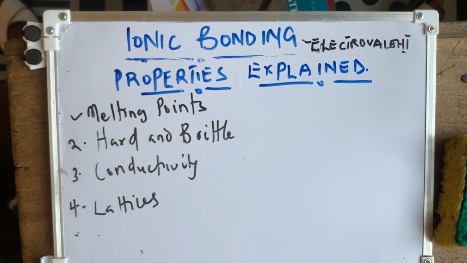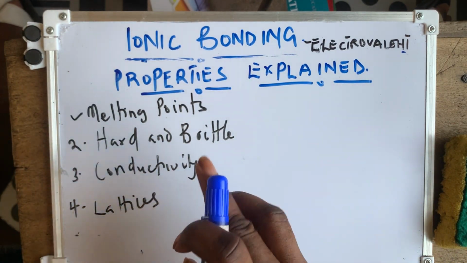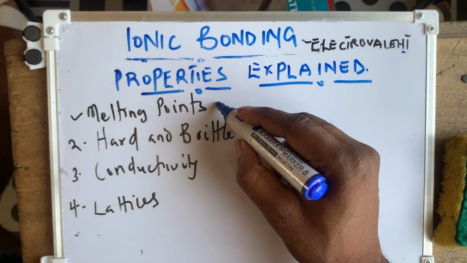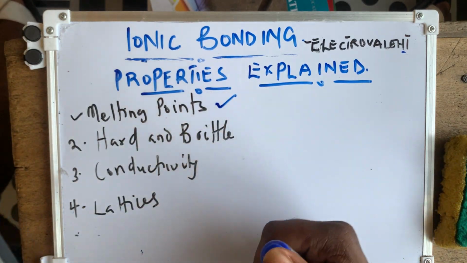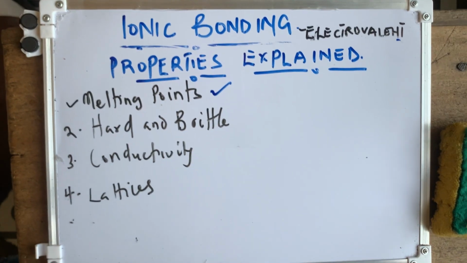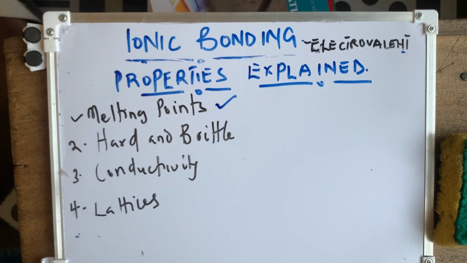All right. So now we want to explain the properties affecting ionic bonds. And first, one of the properties we are explaining is the melting point. So what happens to the melting point in ionic bonds?